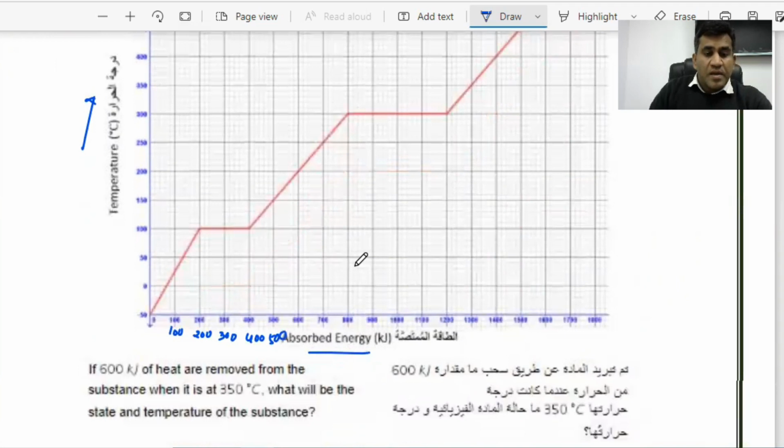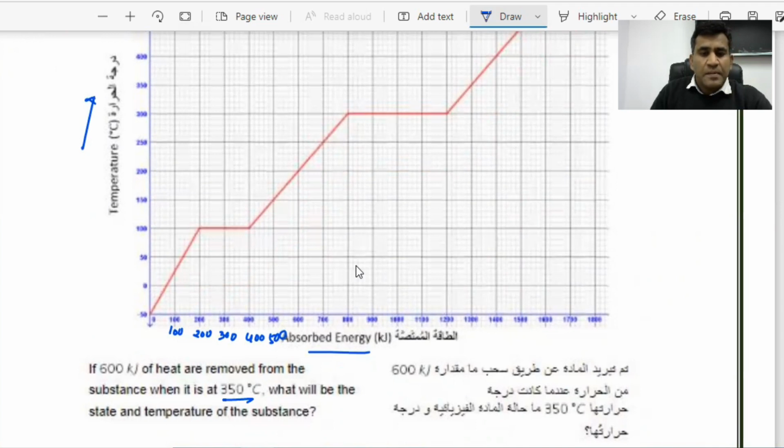The question says, if 600 kilojoules of heat are removed from the substance when it is at 350 degrees Celsius, what will be the state and the temperature of the substance? Initially the substance temperature is 350 degrees Celsius. By reading the graph, I need to understand what amount of energy it has at that temperature.